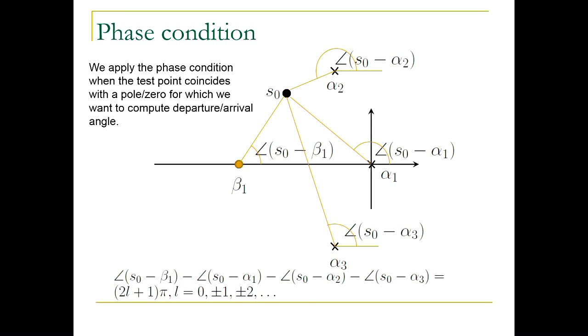I calculate phases with respect to all the remaining poles and zeros, and take a test point in the neighborhood of this pole. The phases of all the poles and zeros that are far away will not change much. Then I can calculate this one exactly by plugging in the formula for phase and balancing it against all the others. Right?